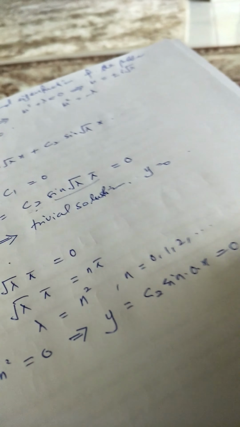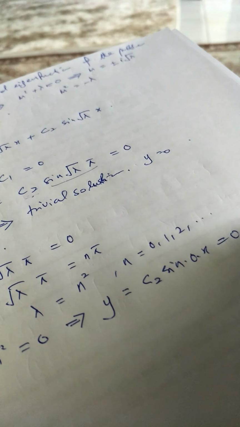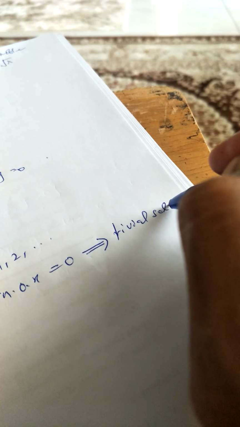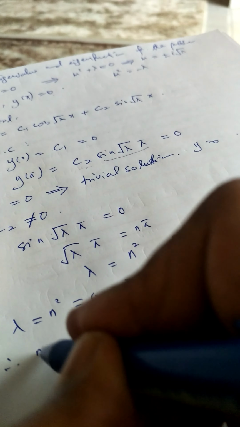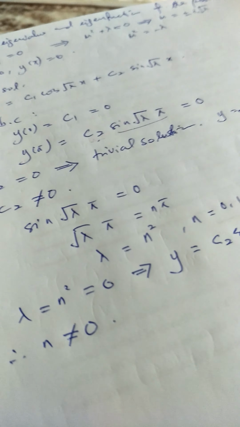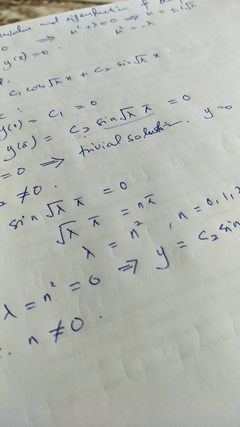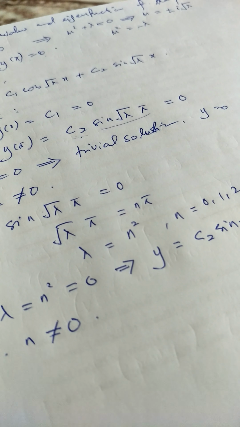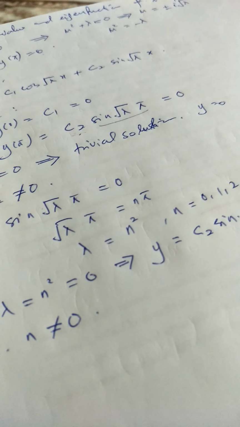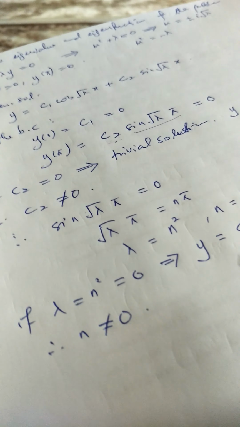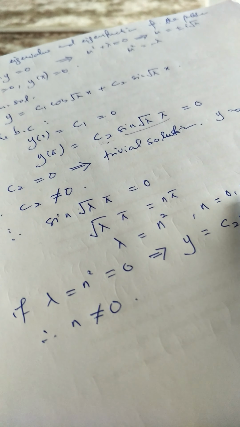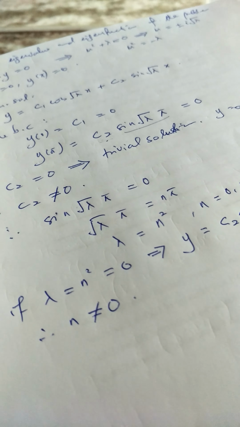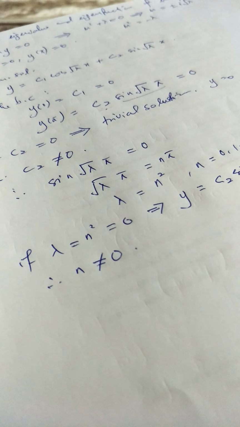So you have a trivial solution. Therefore n cannot be 0. Then the non-trivial solutions occur when n is different from 0, which means n begins from 1, 2, 3, and so on and so forth.